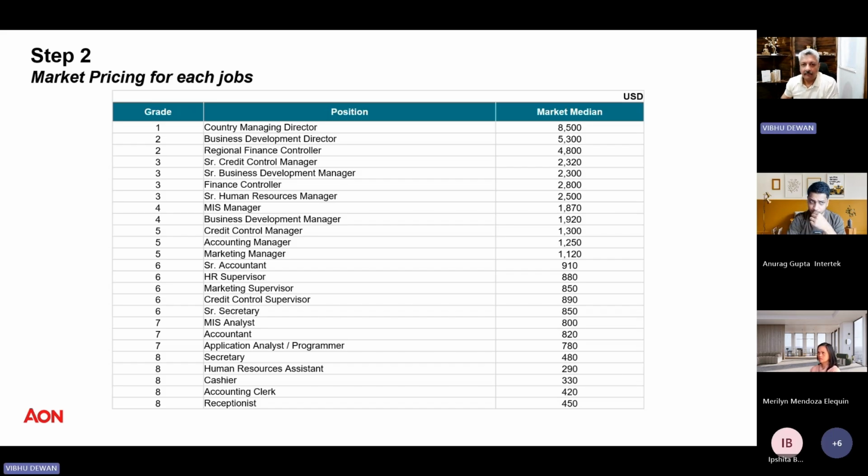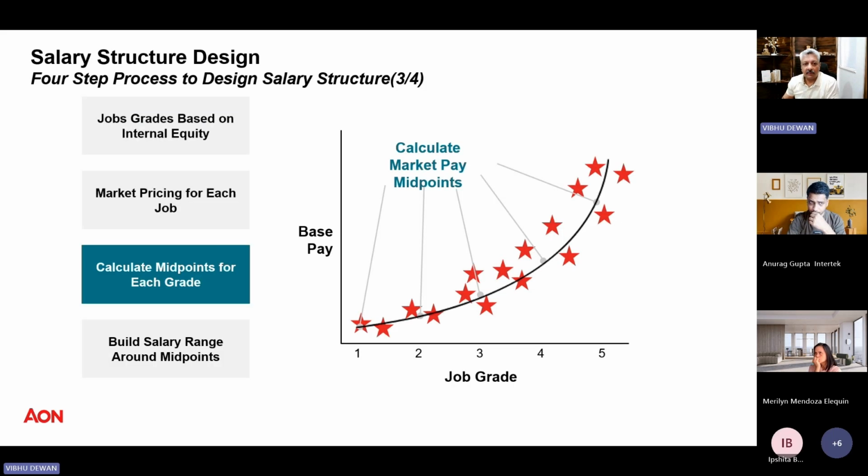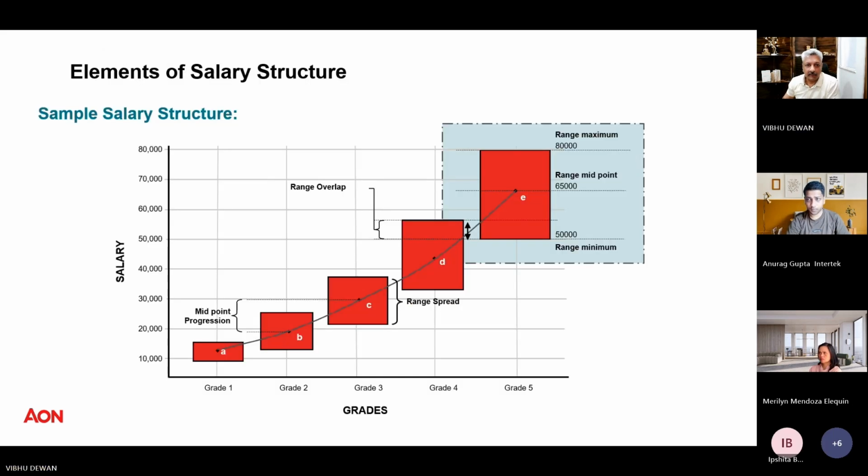Okay. Now before I talk about what we will do next in the same example, let me first tell you the third step. The third step is to find the midpoint. The same midpoint which I already shared with you in the previous slide.